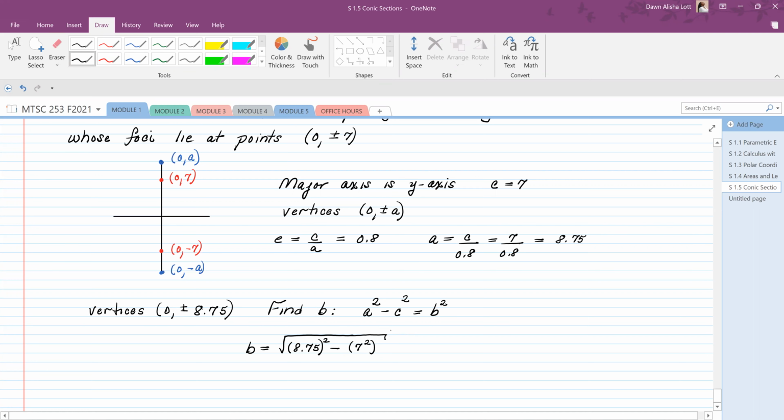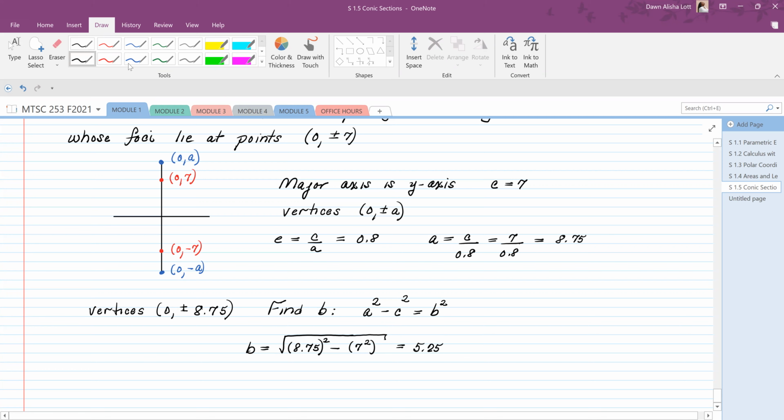So if I compute that, I get the square root of 8.75 squared minus 49. So that's 5.25.